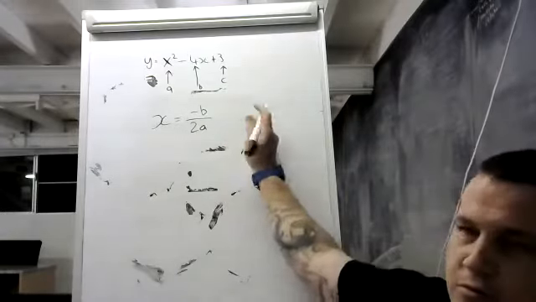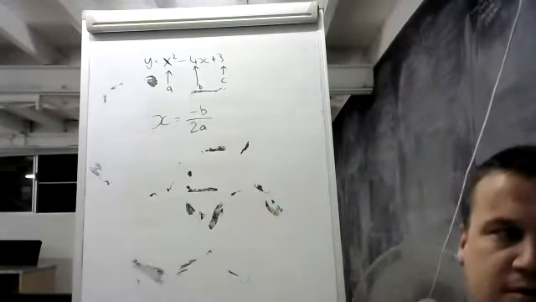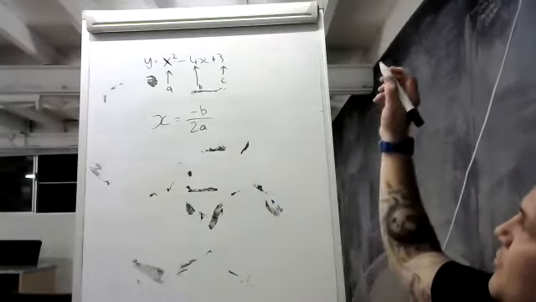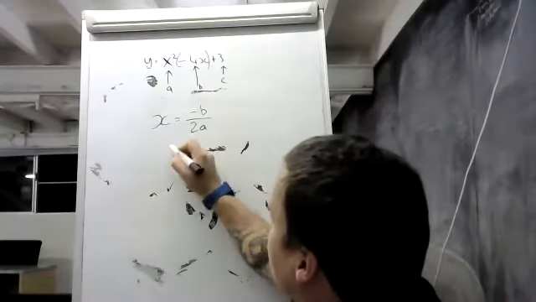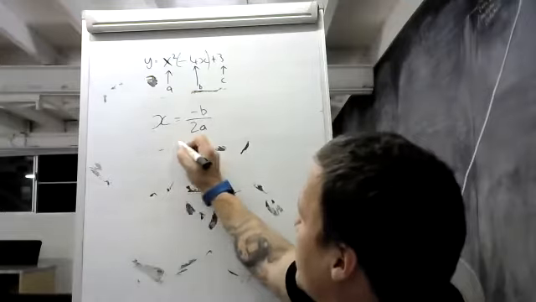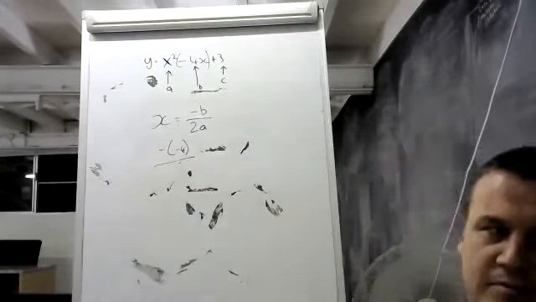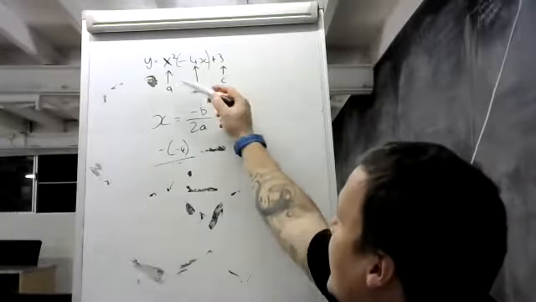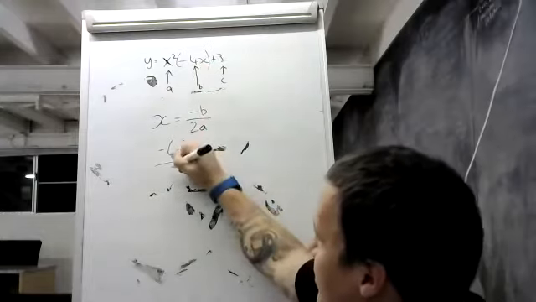So what have we got for B here? We've got -4 for B. So we have over 2 times A. Because we don't have a number there, we assume it's 1.